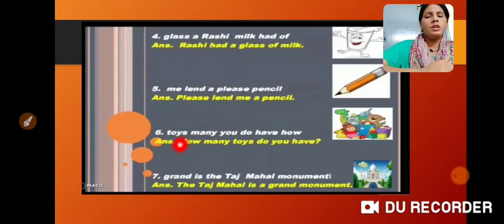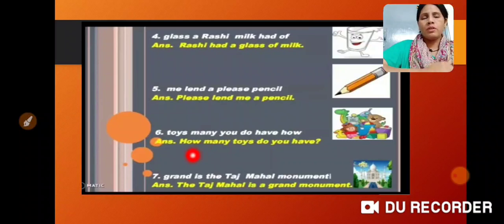Now we will read these group of words: toys, many, you, do, have, how. These group of words do not make a sentence, but we can rearrange them to make a sentence.